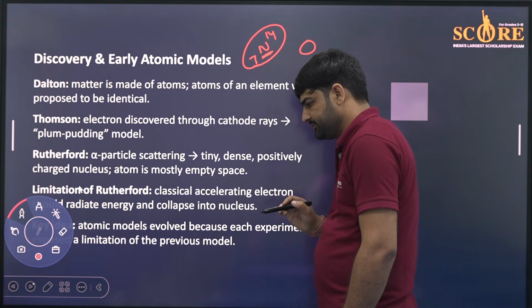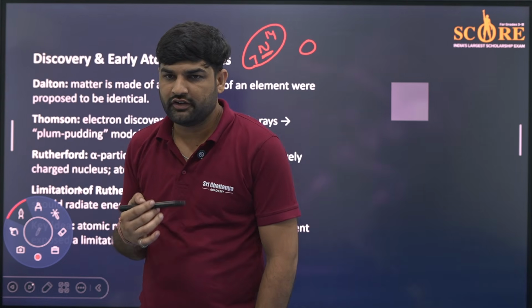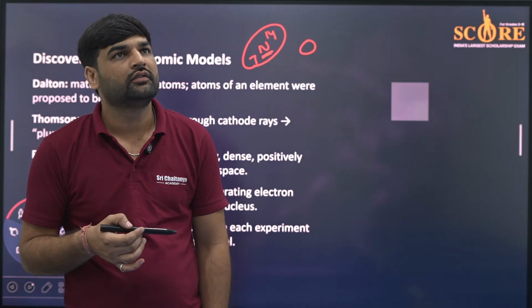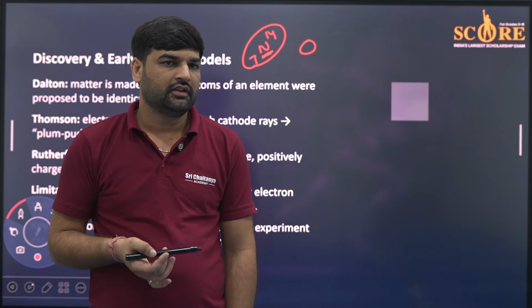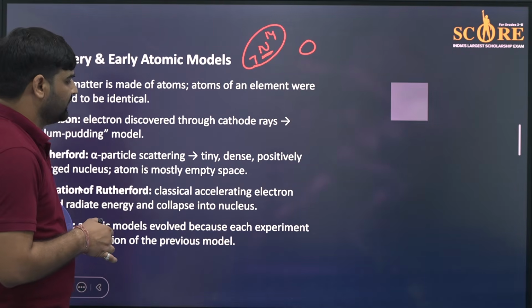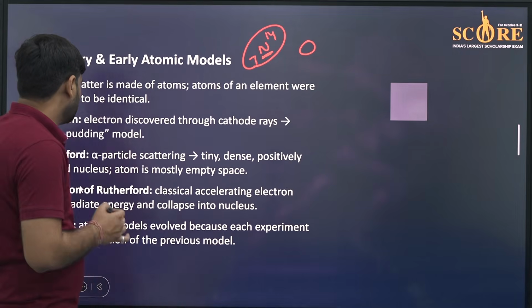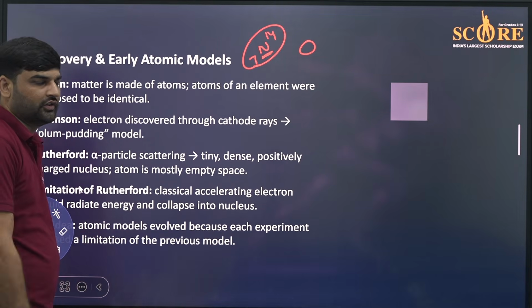After that, as the discovery of the electron, proton and neutron came, Dalton's theory failed, and the next model was the Thomson model, also known as the plum pudding model.